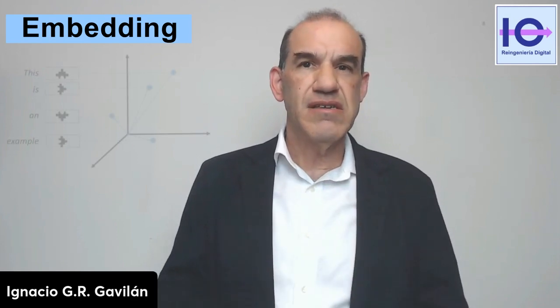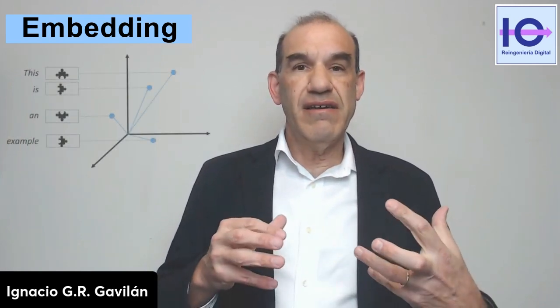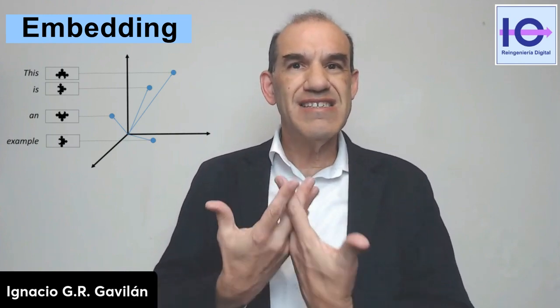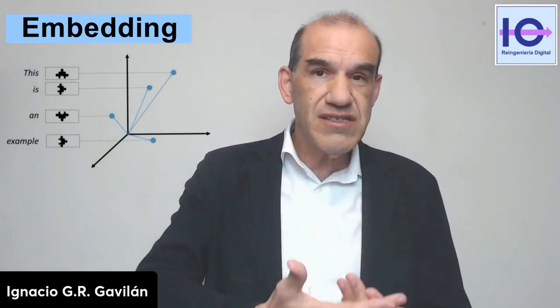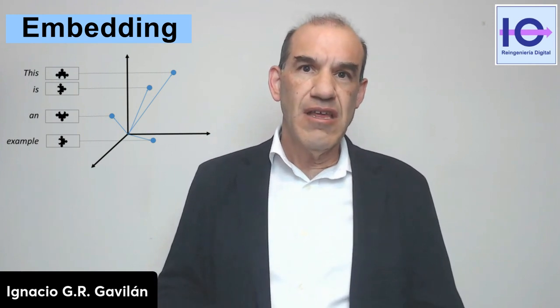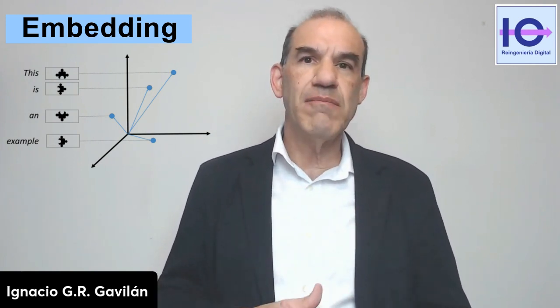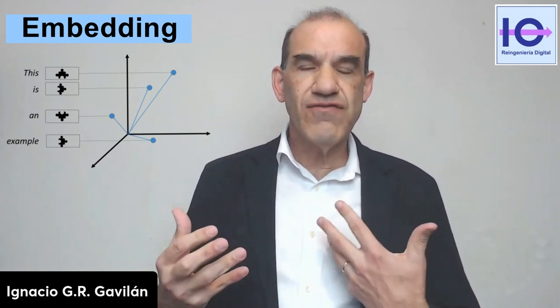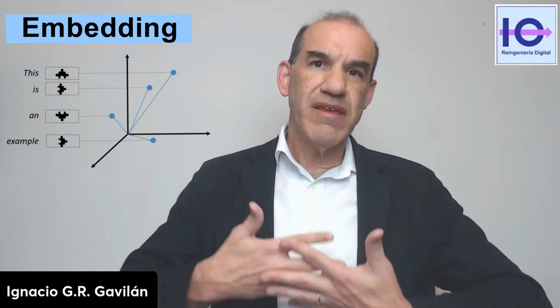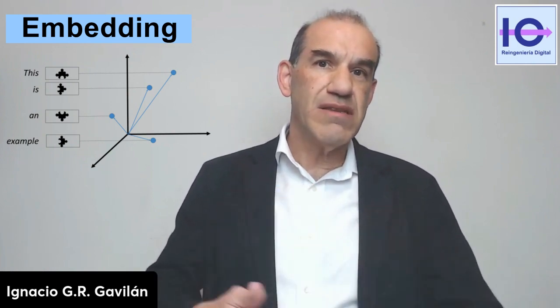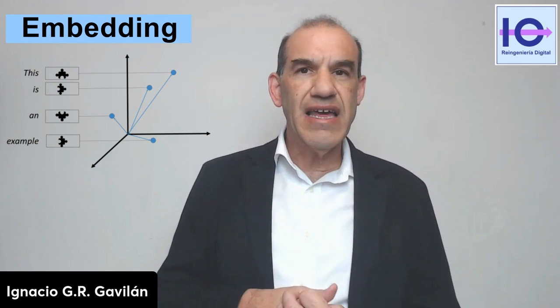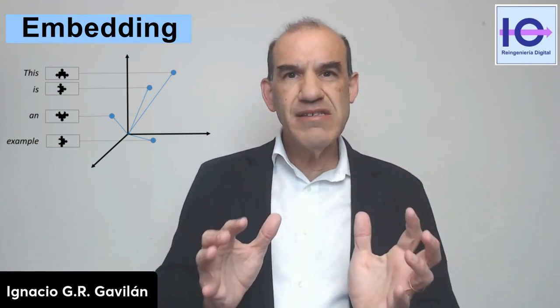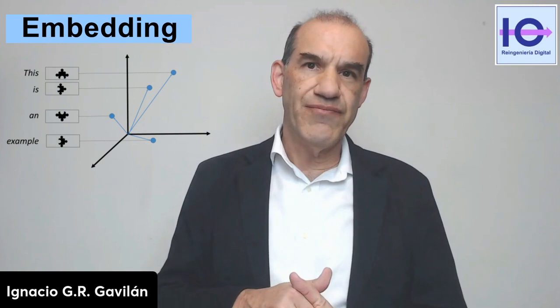Well, after we have done tokenizing, the next step is creating embeddings. The process of getting embeddings is translating words or tokens into vectors, vectors in a high-dimensional vector space. Getting vectors is not only useful because of mathematical reasons, because AI algorithms use vectors, matrices, tensors, and the like, but also because embeddings give more information.